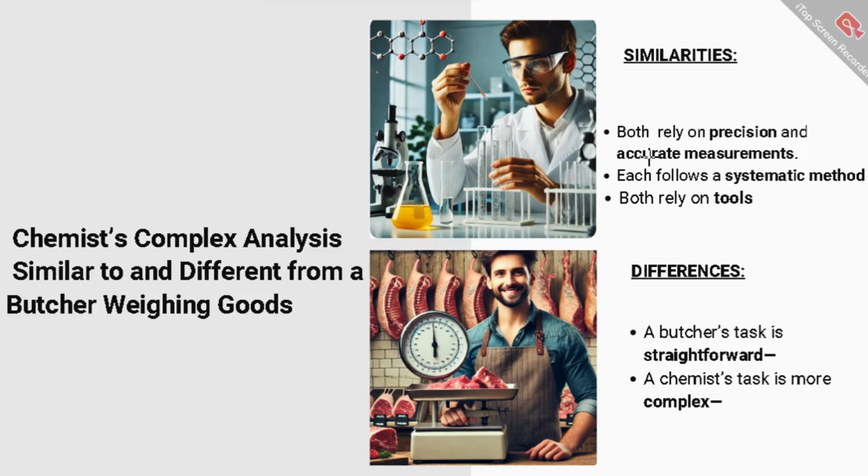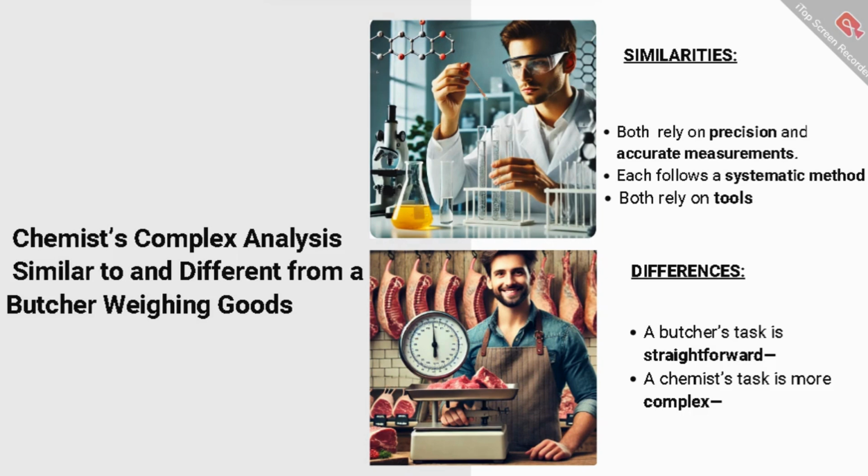Both the chemist and the butcher rely on precision and accurate measurements. Means a butcher measures meat in the same way a chemist measures chemicals. And each follows a systematic method to complete their work correctly. They both rely on tools, means a scale for the butcher and laboratory instruments for the chemist.